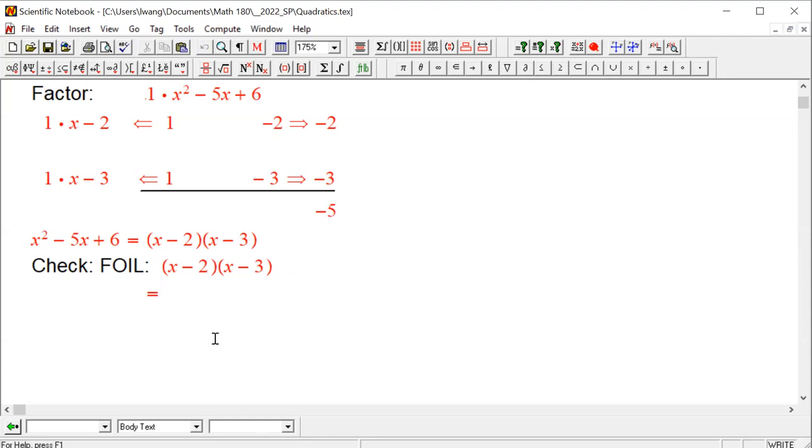X times X, X squared. X times -3 is -3X. -2 times X is -2X. -2 times -3, that's a +6. So in the end, that will be double assuring: X squared -5X + 6. So that's how to do factoring.